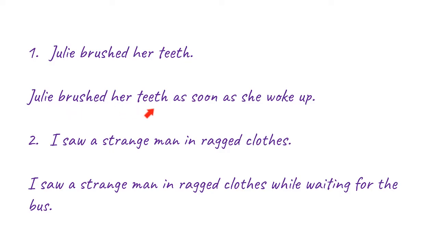Julie brushed her teeth as soon as she woke up. So, we added "as soon as she woke up" to our main clause or the independent clause. So, "as soon as she woke up" is our subordinate clause. An easy way to remember the subordinate clause is that we always start it with a subordinating conjunction. So, "as soon as" is our subordinating conjunction.